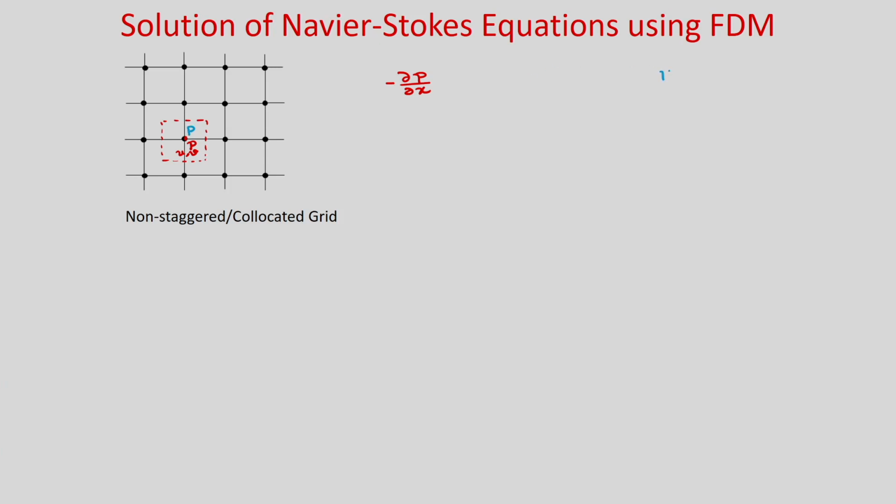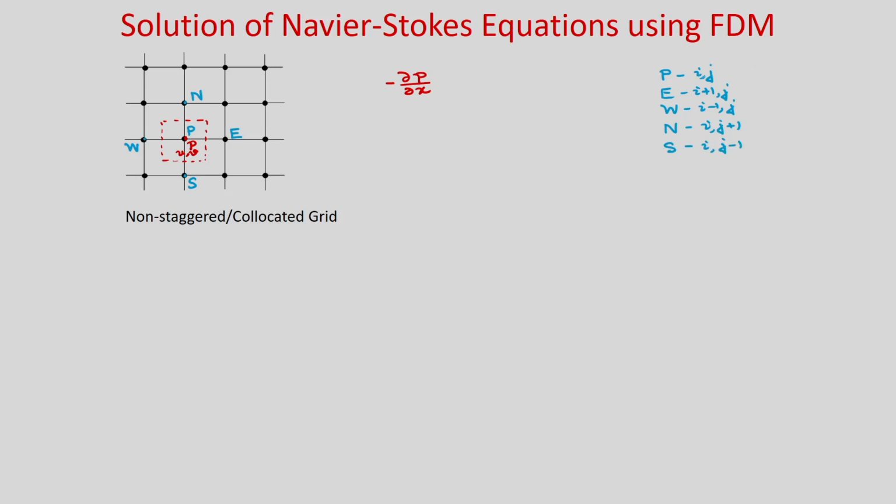P means this is your i j point, and this is your E, the east, so it is i plus 1 j. This point is W, that means west, so this is i minus 1 j. This point is north, N, which is i j plus 1, and this point is south, S, which is i j minus 1.